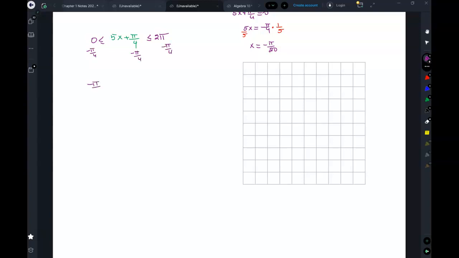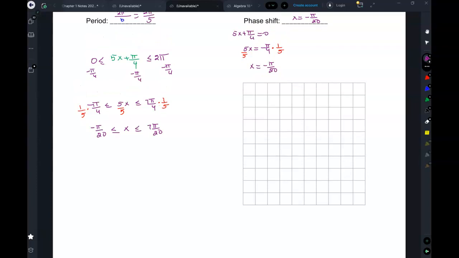So we get negative pi over 4, 5x, 7 pi over 4. Divide by 5, which is the same as multiplying by 1 over 5. Negative pi over 20, x, 7 pi over 20. This tells you where the cycle starts and where the cycle ends. Does it make sense that it starts at negative pi over 20? Yes, because that's what the phase shift was.